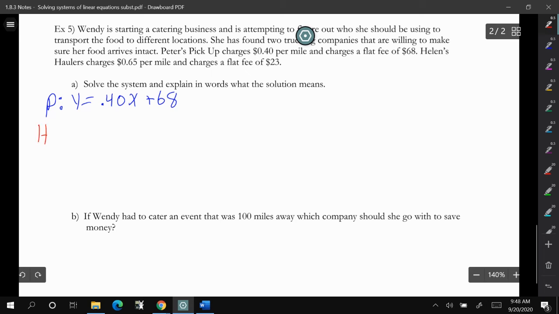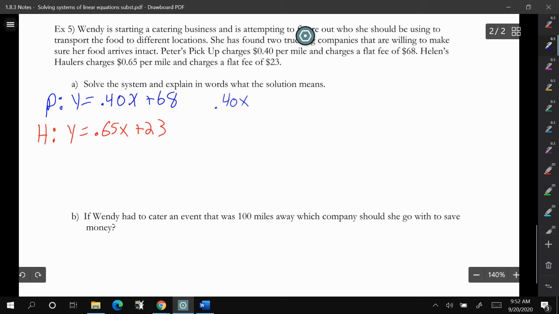And then Helen's, that's y equals 0.65x, 65 cents per mile, plus 23, because that's our flat rate. So to solve this system, since they're both equal to y, we can set them equal to each other. This is like what we did the other day when we already just had 2 equations that were equal to y. So we're going to set our equations equal to each other.